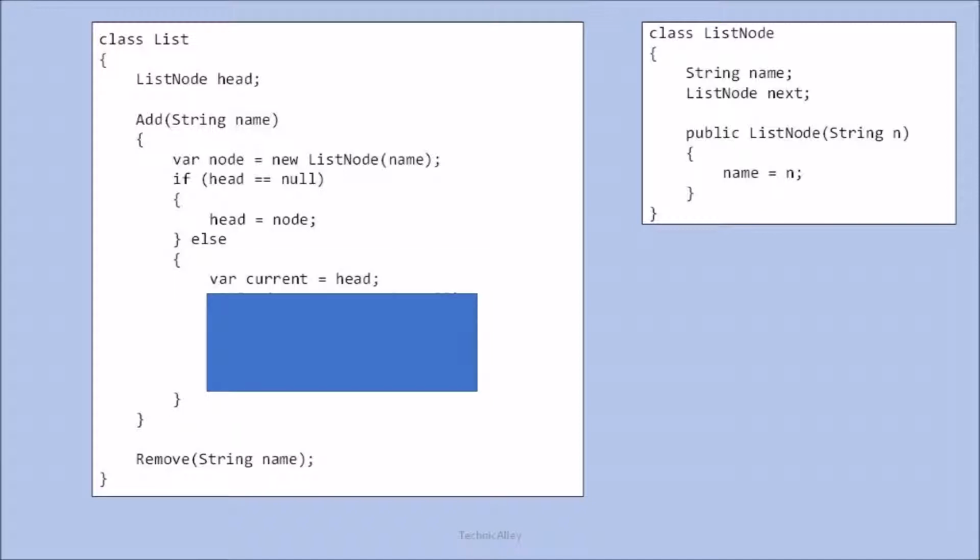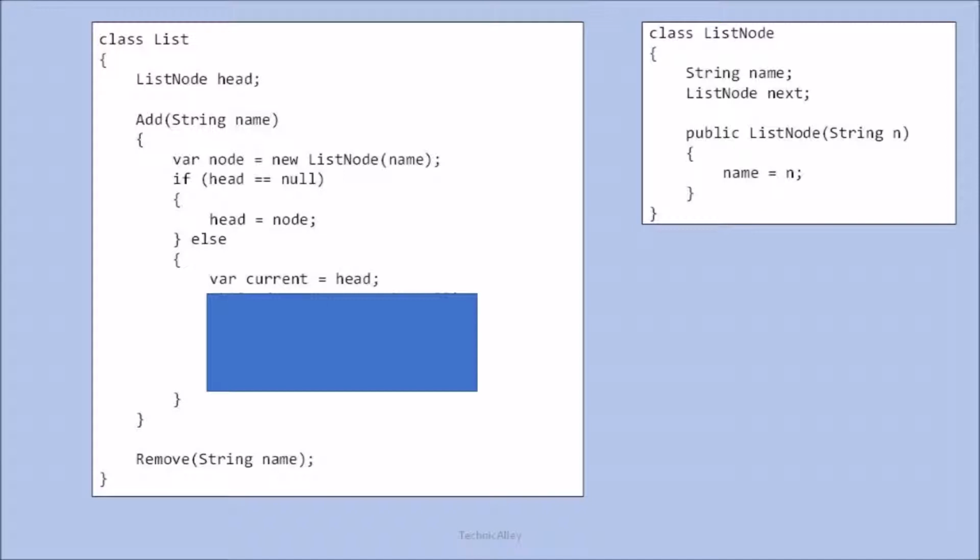Otherwise, if the list already contains elements, we need to find the last element of the list and append the new node after it. For that, we're going to jump from the first element to the second, through the next reference, then from the second to the third and so on, until we find a node from which there's nowhere to jump to. That's when we'll know we've reached the end of the list.